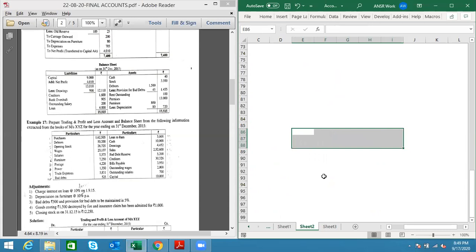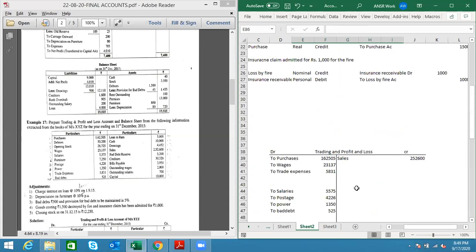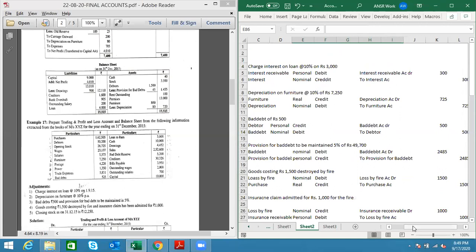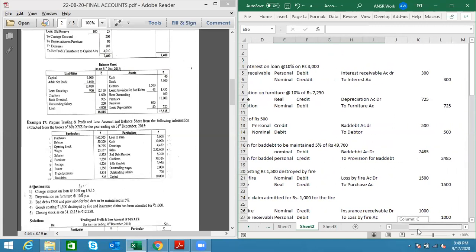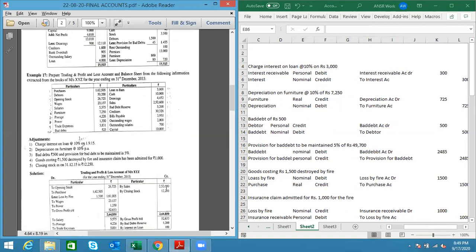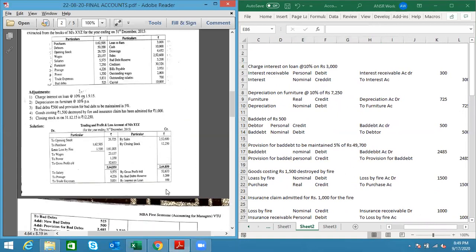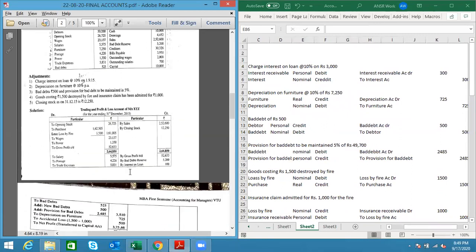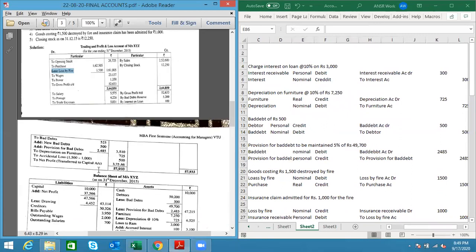Having said that, what we did afterwards was we went through all the adjustments and passed entries for those. I'll tell you why we did that. If you see the questions there, you will see a lot of add, less, this and that.